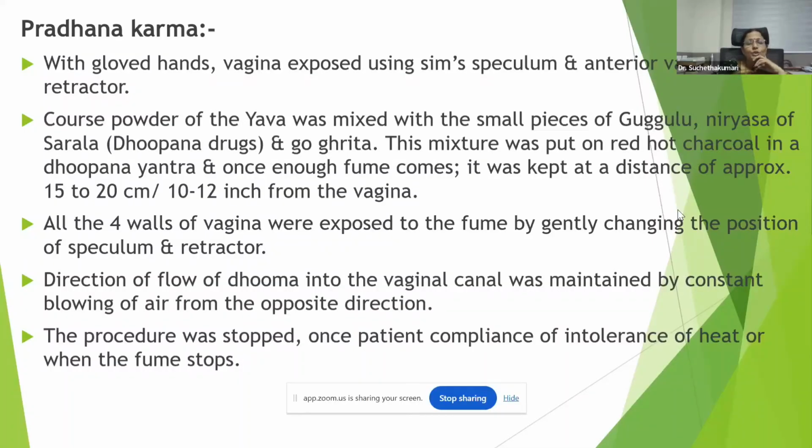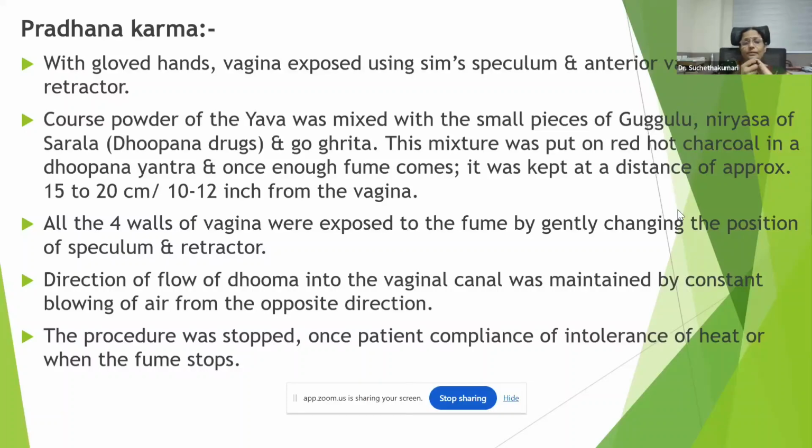The coarse powder of the eva, mixed with small pieces of gugulu and niryasa of the sarala and gograta, is prepared, and this mixture is put on red hot charcoal in a dhupana yantra. Once enough fumes come out, it is kept at a distance of approximately 15 to 20 centimeters, or 10 to 12 inches, from the vagina.